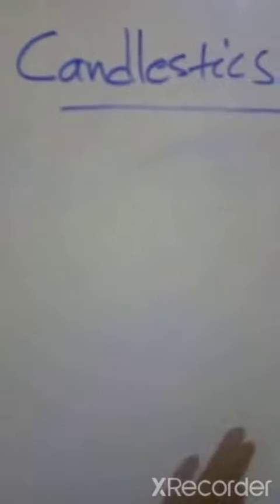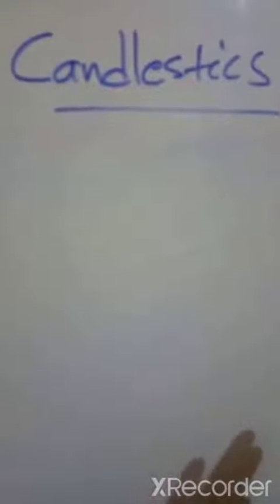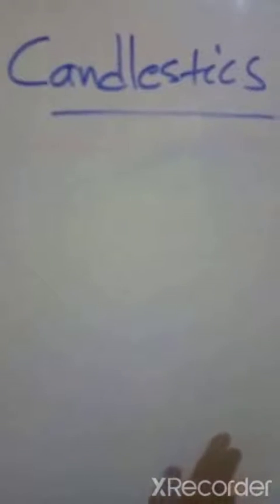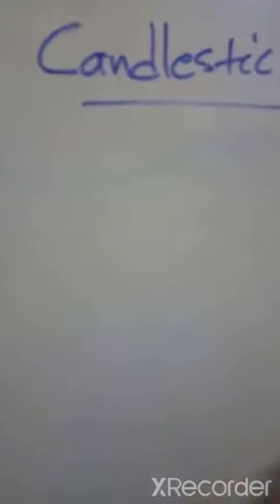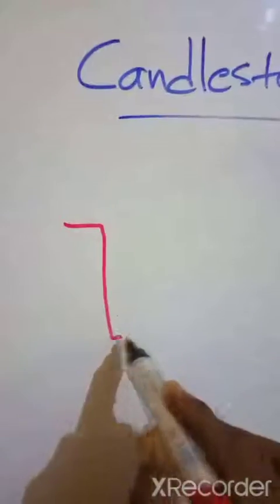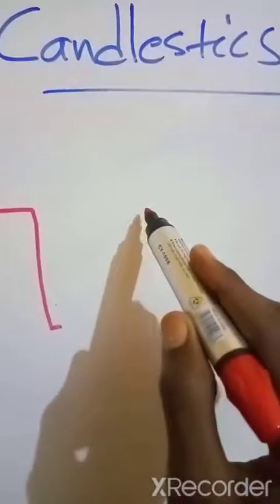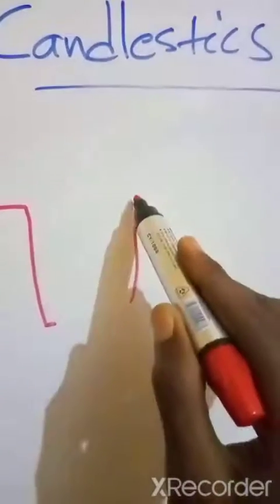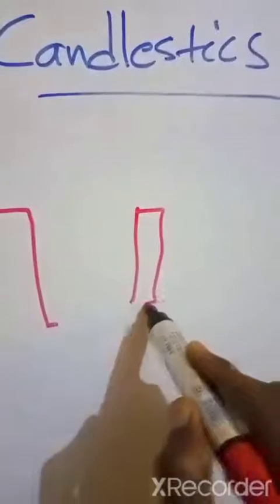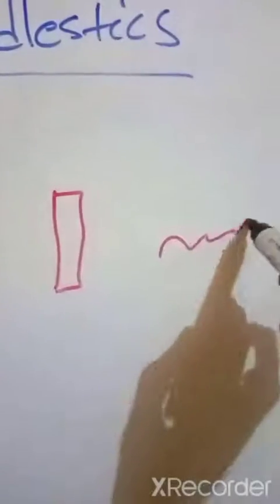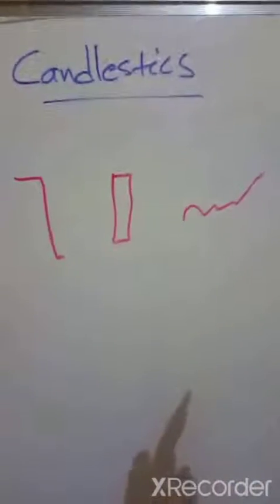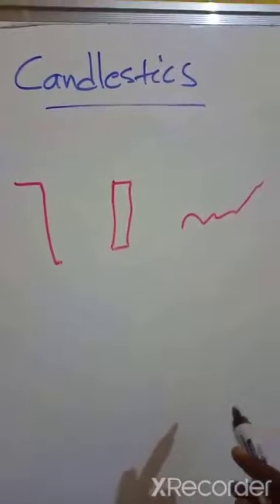Because candlesticks give us clear information and a clear market direction. Just in case somebody doesn't know how these look, maybe it's your first time hearing this: bar charts are like this, candlesticks are like that, and the line chart is like this as usual. All right, I hope this is clear.